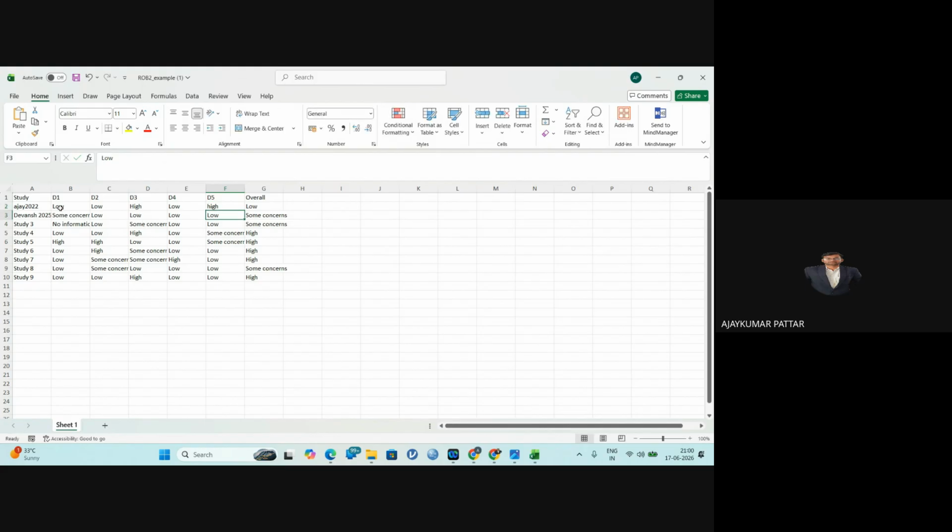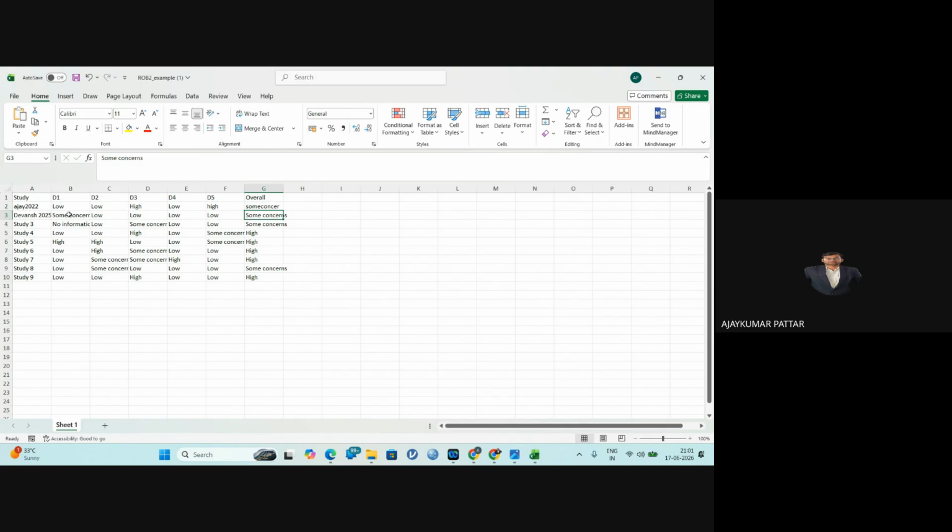Then overall, what overall bias? If 3 are low and 2 are high, I will see some concerns. So I will put some concerns. So like this I will do.